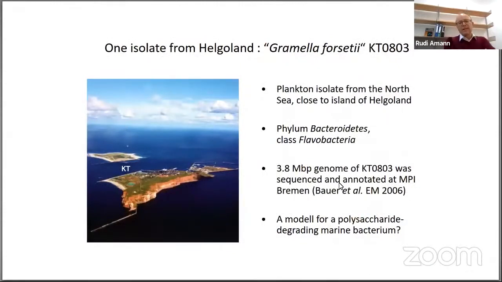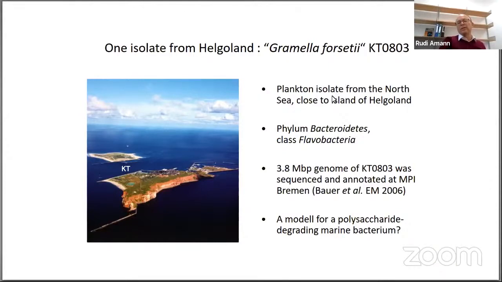Now, let us shortly go to Helgoland. Most of you know that this is an island about 40 kilometers from the coastline in the southern North Sea, in the German Bight. And some 20 years ago, we got a first isolate. At that time, we called that Gramella forsetii, Kabeltonne KT0803.